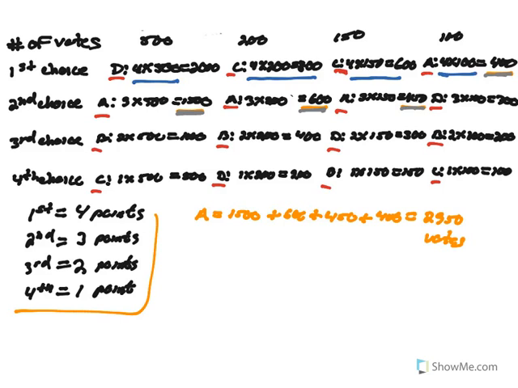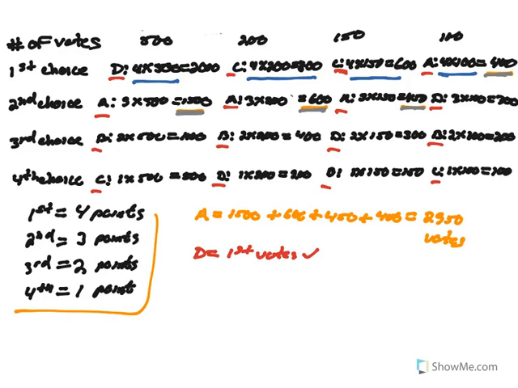So if D received the majority of first place votes, then that design should win, right? But it's not. If you add all the A's up, you get 2,950.